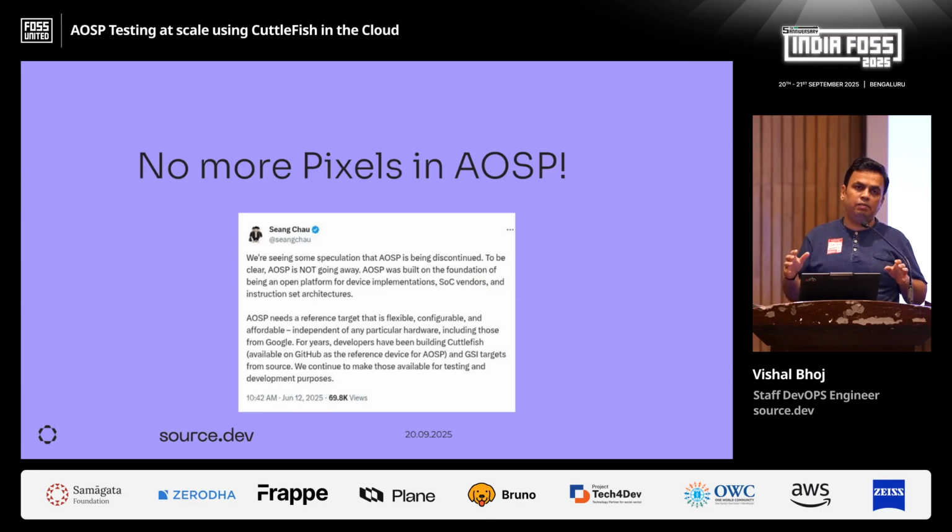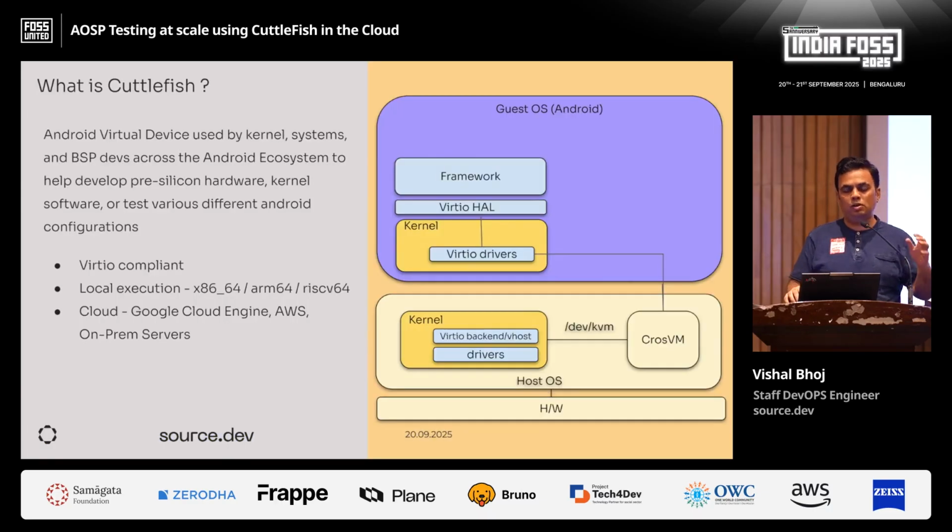This has been in development for 7 to 8 years. The core Android team uses it internally for their daily development, for the common kernel as well as other things. And this is why we're here discussing how you can use CuttleFish, which will solve some of the problems with testing.